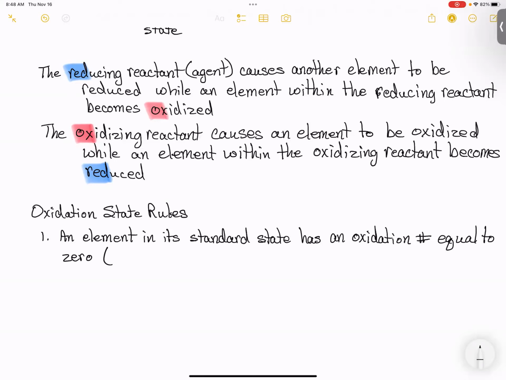You'll recognize it because it will be a neutral compound of an element. That's all it's going to be, is an element.